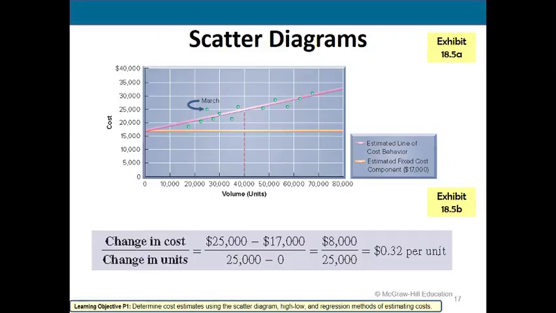All right, so the book says in Exhibit 18.5a, the prior 12 months' costs in units are graphed. Each point reflects total costs incurred in units produced in that month. For instance, the point labeled March had units produced of 25,000 units and cost of $25,000. Okay.